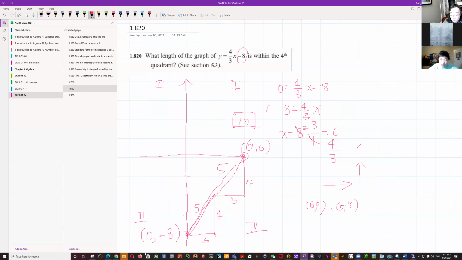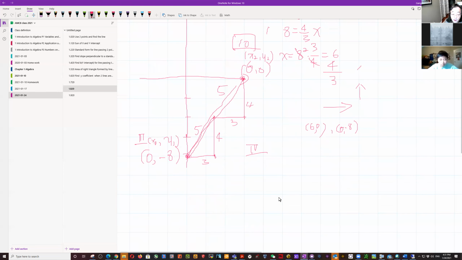What you can do is calculate the distance. This is x1 and y1, and this is x2 and y2. The distance between 2 points on the coordinate plane is the square root of (x2 minus x1) squared plus (y2 minus y1) squared.